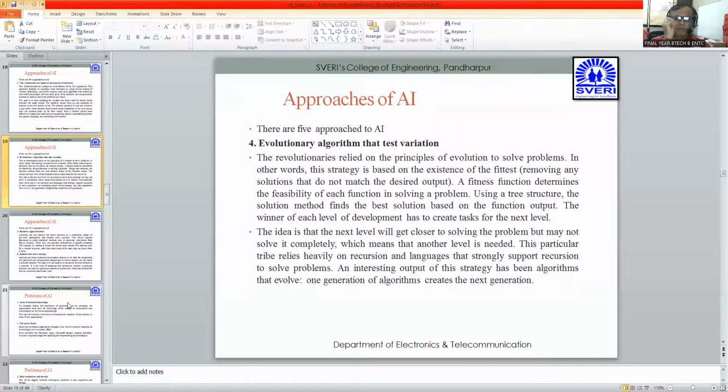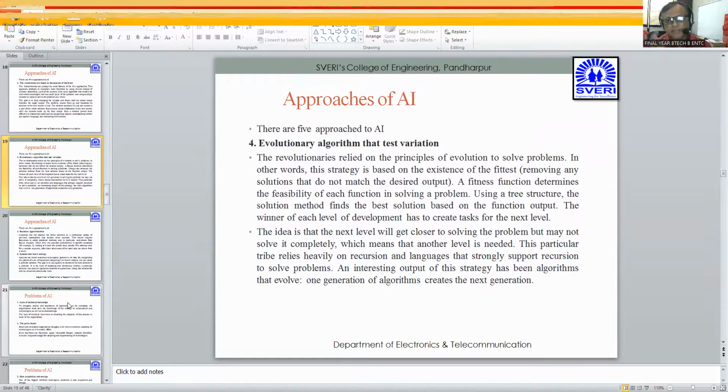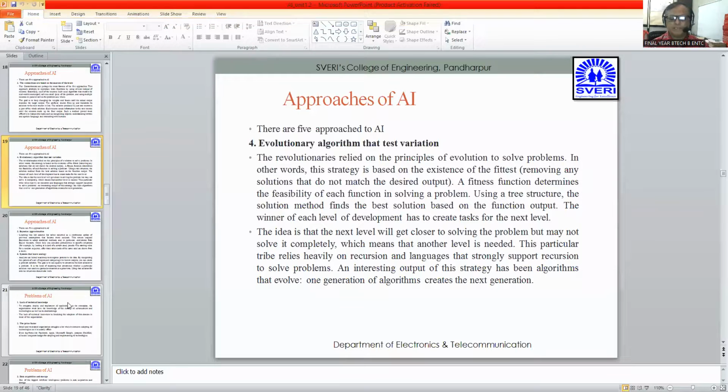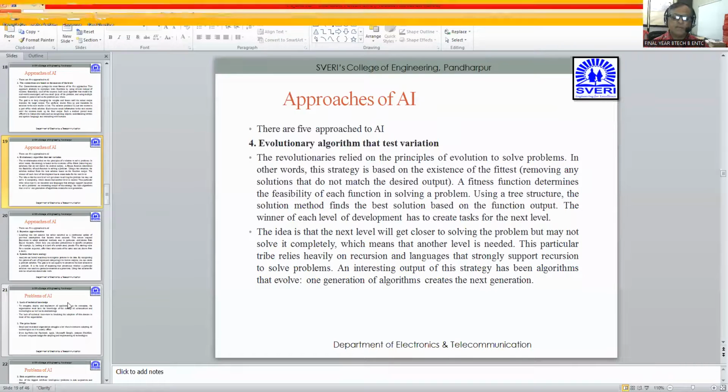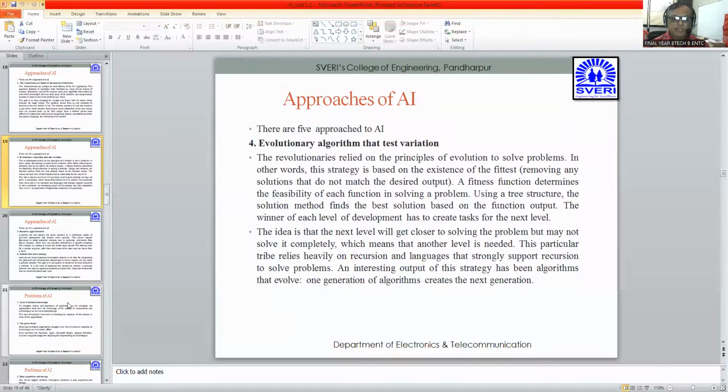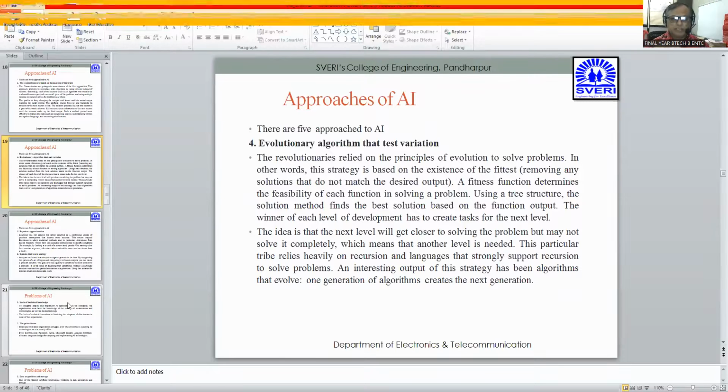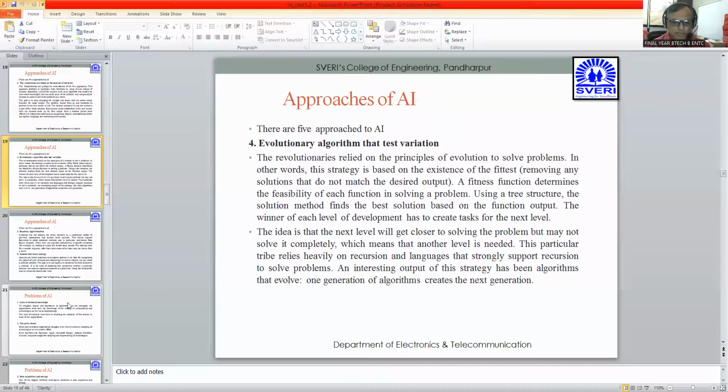Suppose I'm thinking that this is to be solved. If it is yes, then we'll go with this. Again, when we go to that side, there will be two options, yes and no. Now this time if it is no, then it will stop. So it is like a tree structure and the solutions can be found out, right?